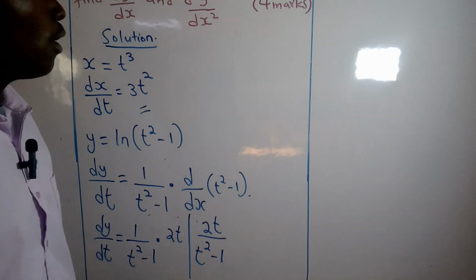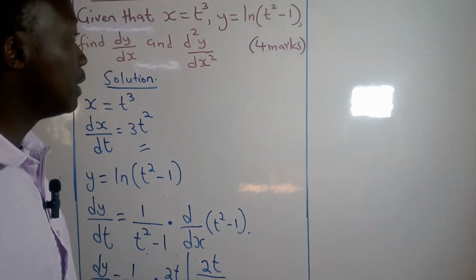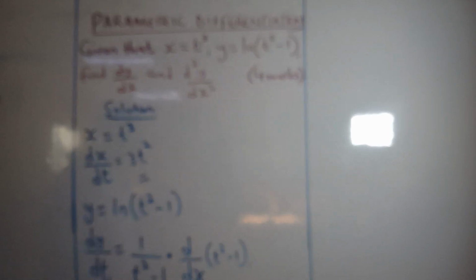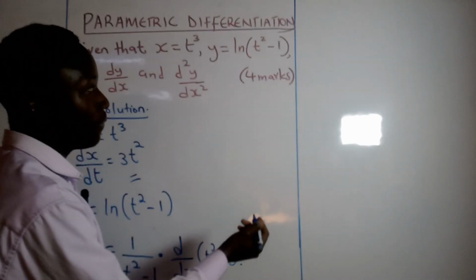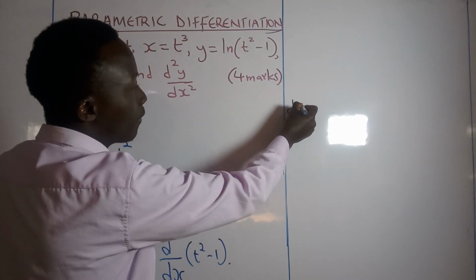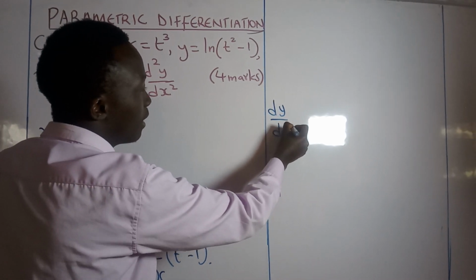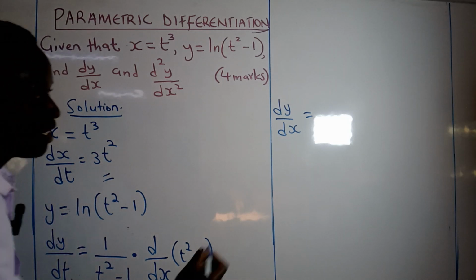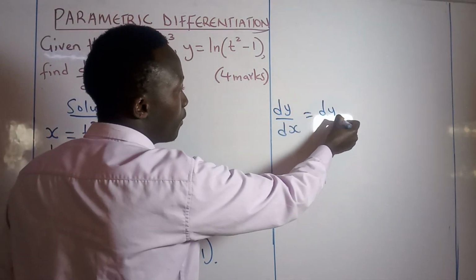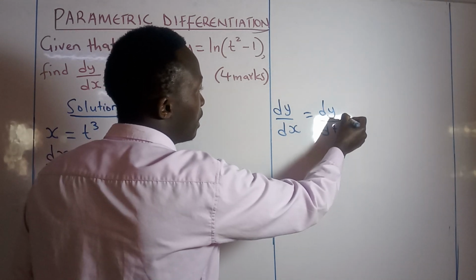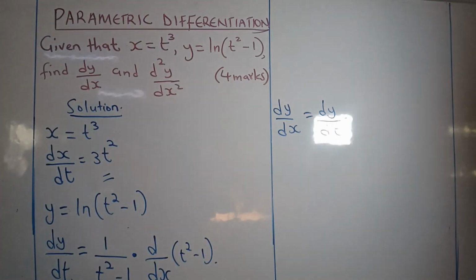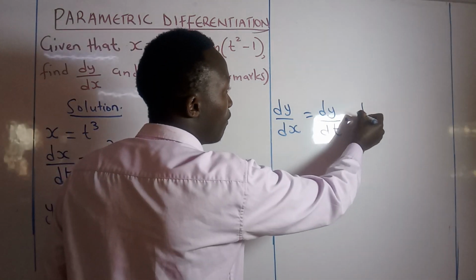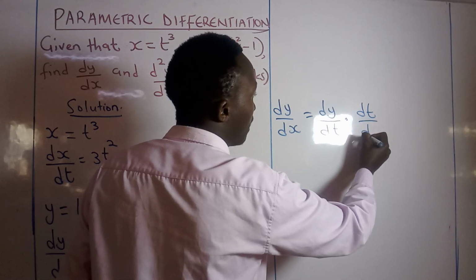So for us now to determine dy over dx, we need to understand that dy over dx is equal to dy over dt multiplied by dt over dx.